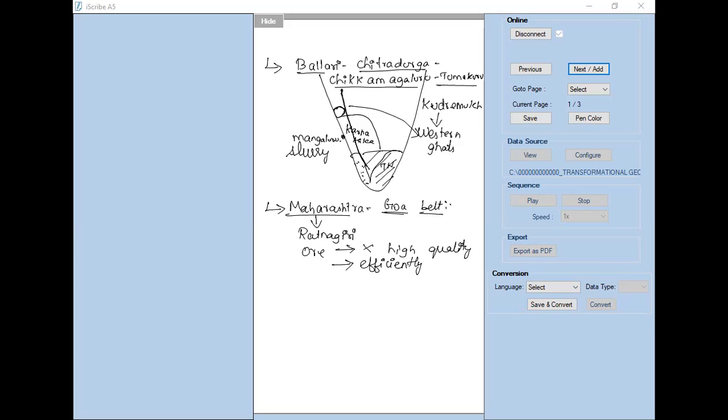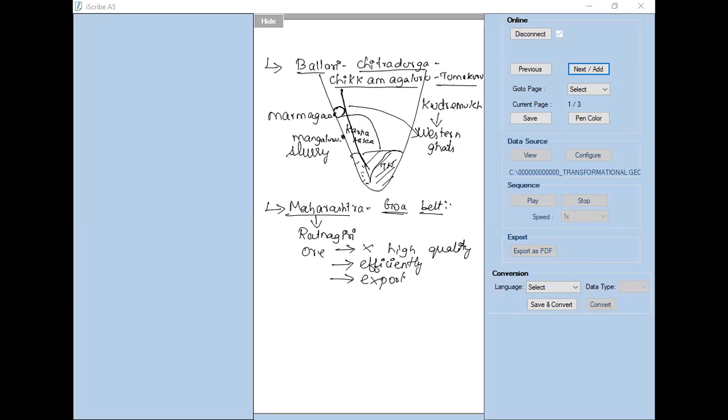And in Goa, we are having another port, Marmagaon. In this port, these ores are exported to other countries.